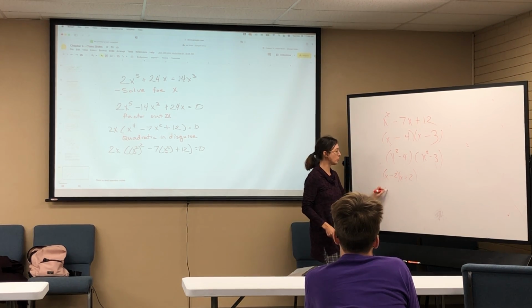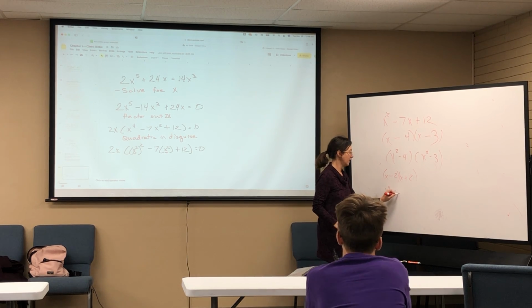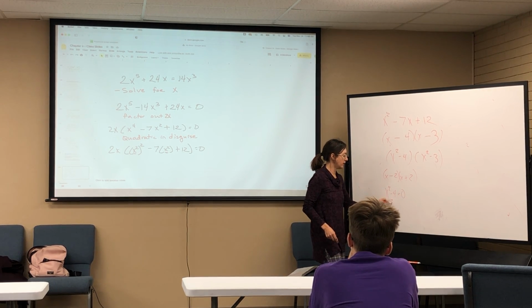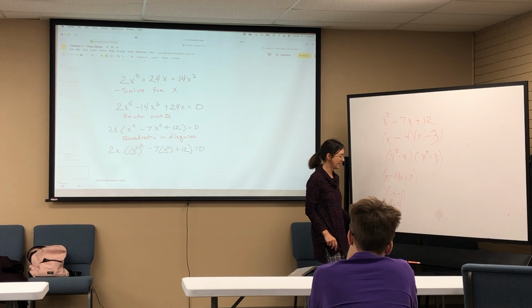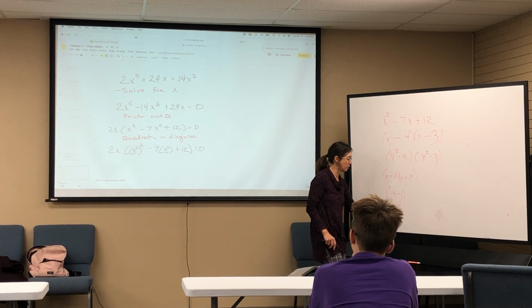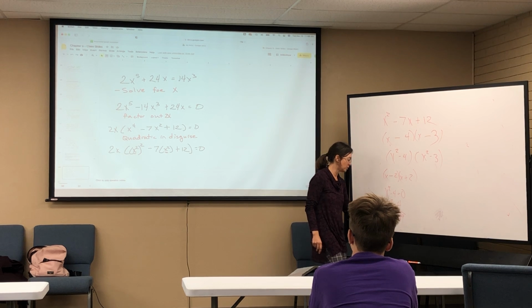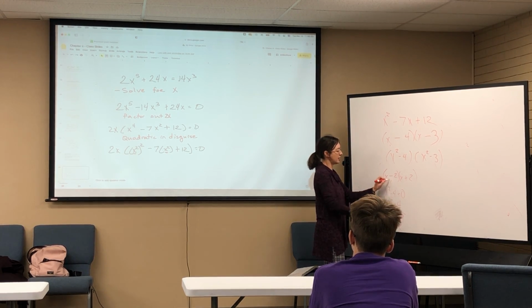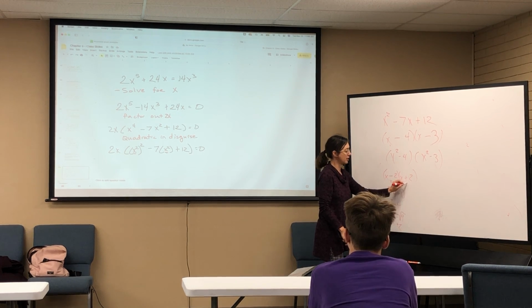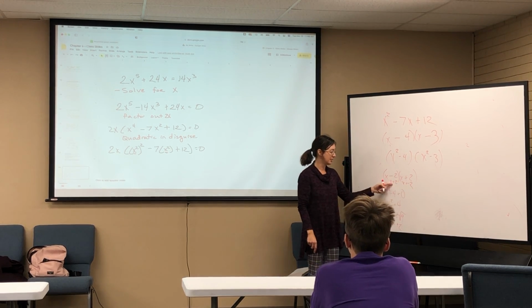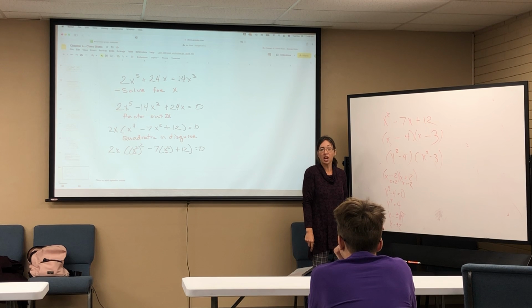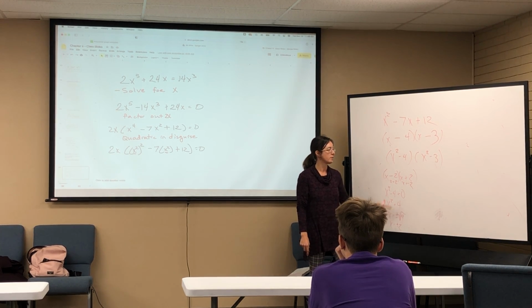Or I could use roots and say x squared equals 4, and then do x equals plus or minus the square root of 4, which is 2. So x equals plus or minus 2. In this case, I got x equals 2, x equals negative 2. Did I get the same thing both ways? Yeah. Just sometimes if you know it's a difference of squares, it saves you some work.